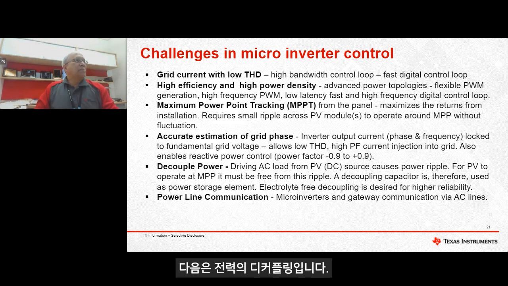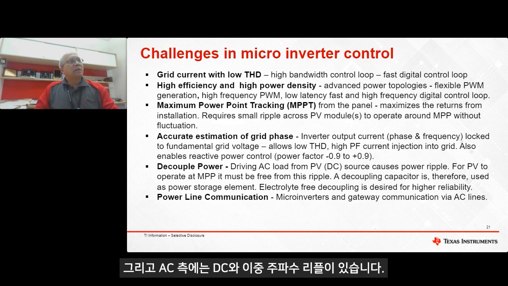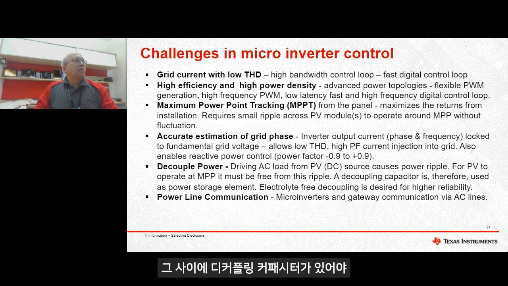Next is the decoupling of power. On the DC side, you have the PV side, you have the DC power. On the AC side, you have DC plus double line frequency ripple. So in between, you need some kind of decoupling capacitor as a storage element so that the double line frequency cannot disturb the PV side.